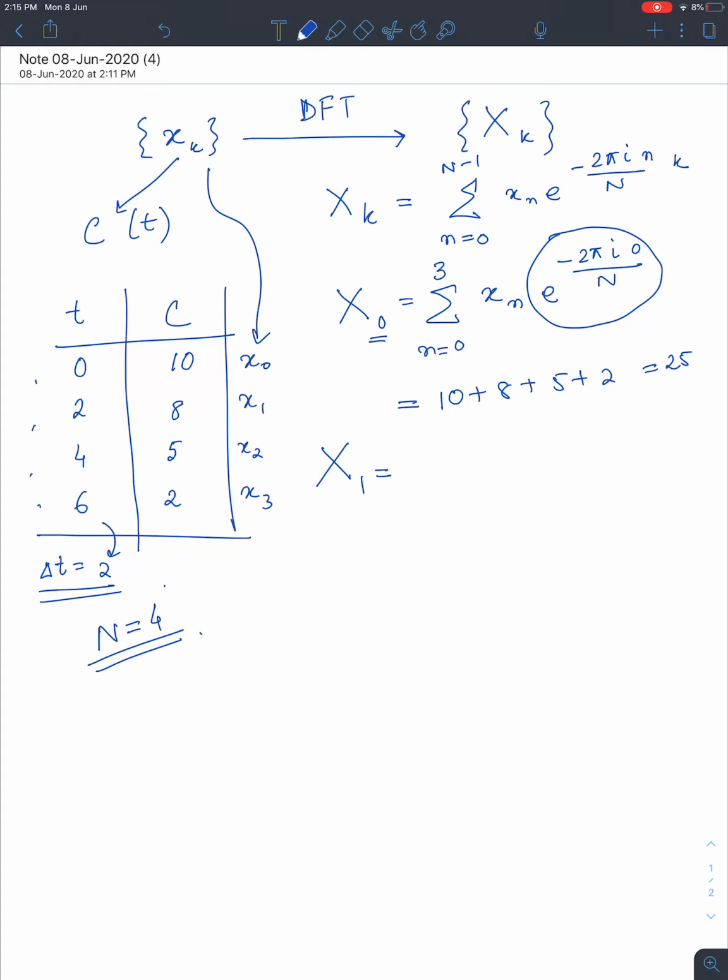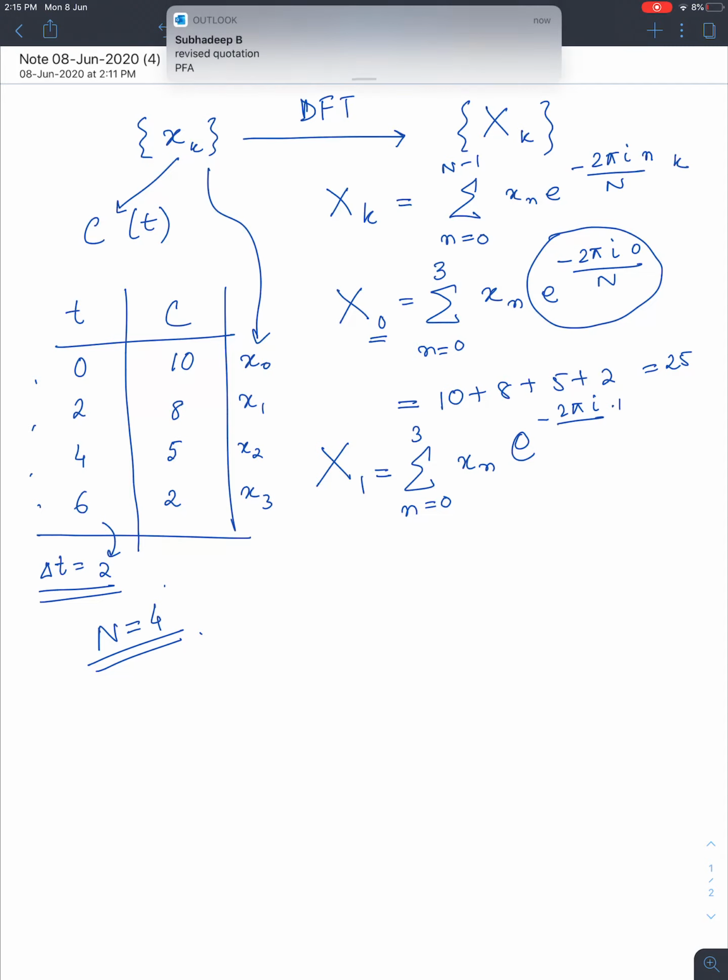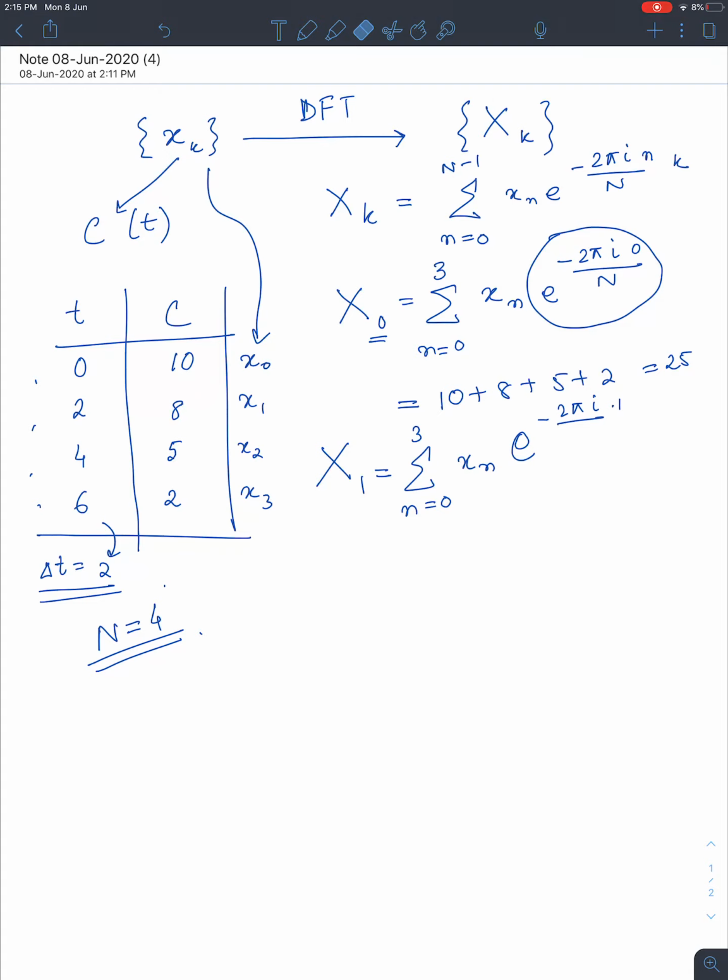What is my X1? That will be a little more complicated. That is the summation n goes from 0 to 3 of small xn e to the power minus 2 pi i k n over N, where k is 1 and capital N is 4.